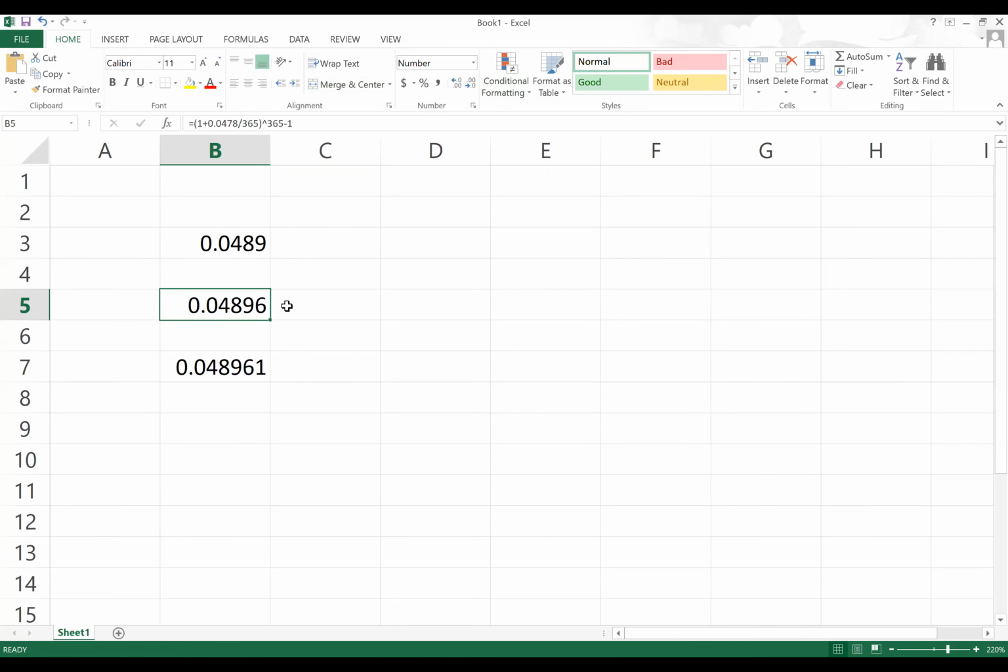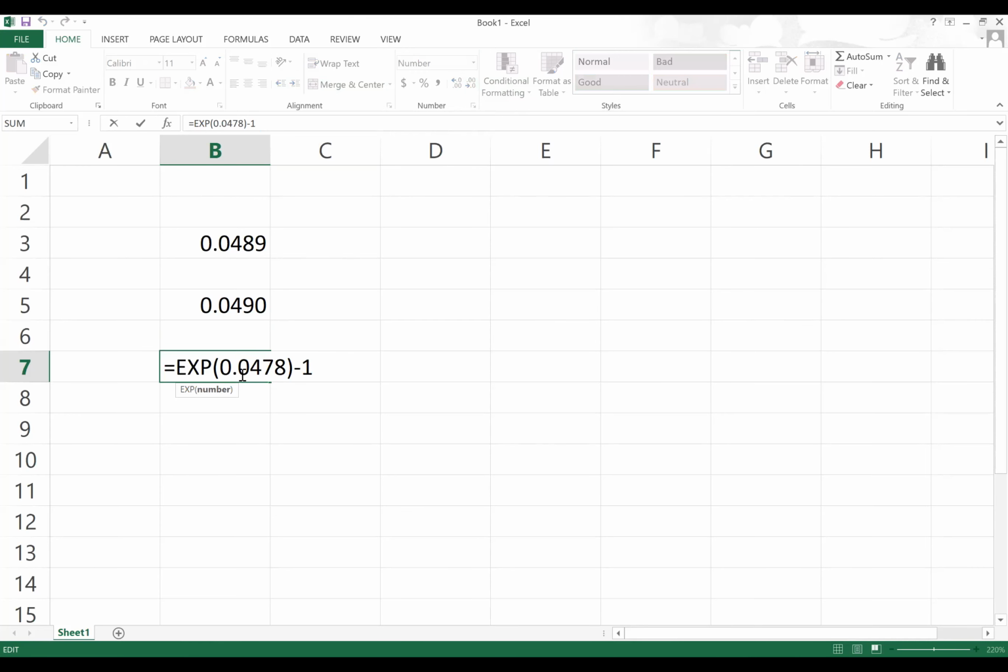You see this is 0.048958, and under the continuous compounding case it's 0.048961. So continuous compounding actually gives us the highest effective interest rate, or APR. But typically we just run it to 3 decimal places. It looks like the same, but they're not the same. Under continuous compounding, it's slightly higher.